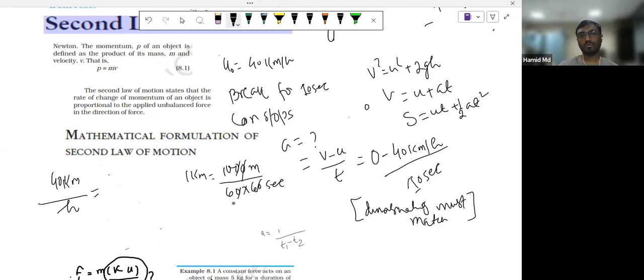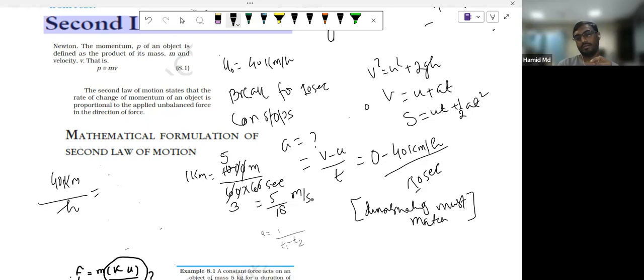So now we may cancel: 2 3s are 6, 2 5s are 10. We may write 5 over 18 meter per second, right?